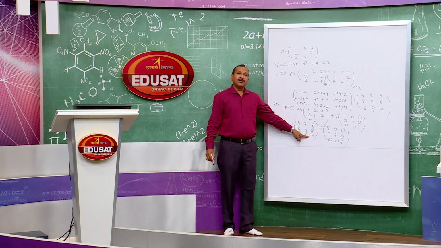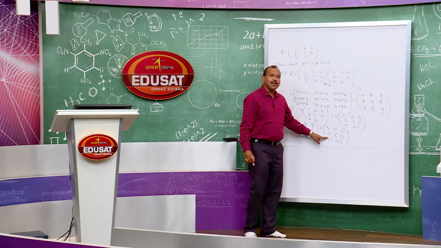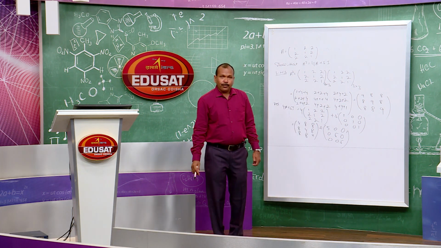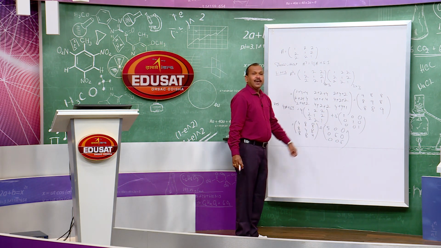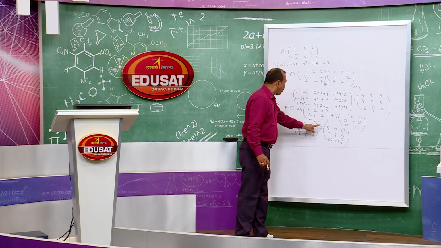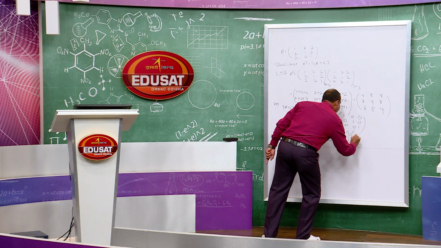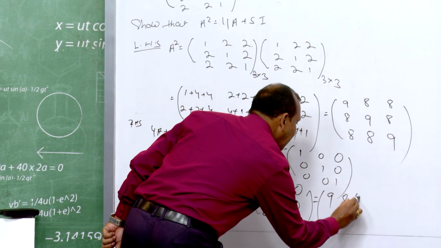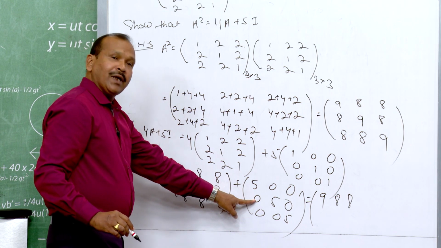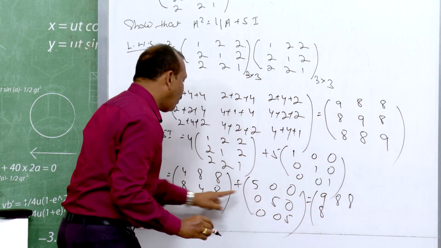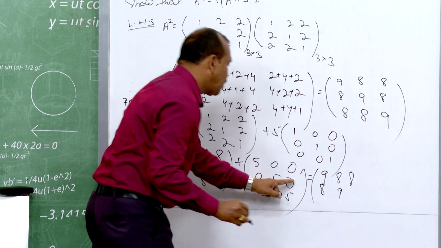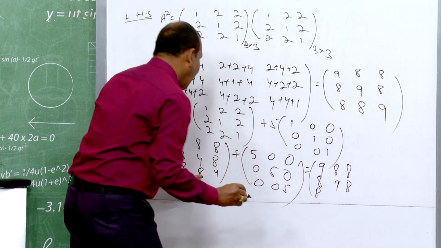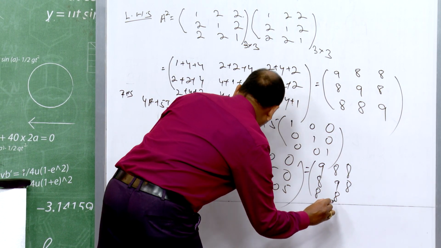This is a 3 cross 3 order matrix, and also this is a 3 cross 3 order matrix. Hence, matrix addition is performed and we add corresponding elements. 4 plus 5 is equal to 9, 8 plus 0 becomes 8, 8 plus 0 becomes 8, similarly 8 plus 0 becomes 8, 4 plus 5 is equal to 9, 8 plus 0 becomes 8, 8 plus 0 becomes 8, 4 plus 5 is equal to 9.